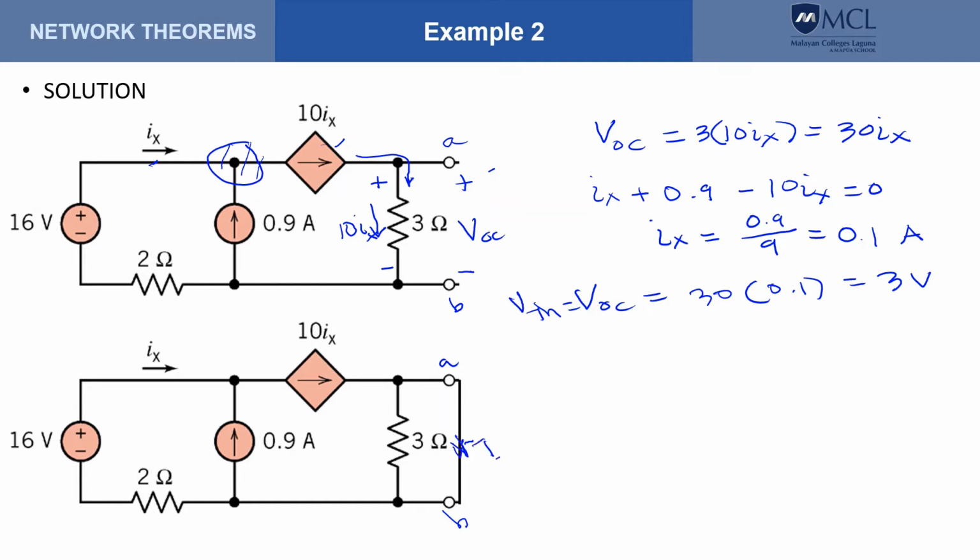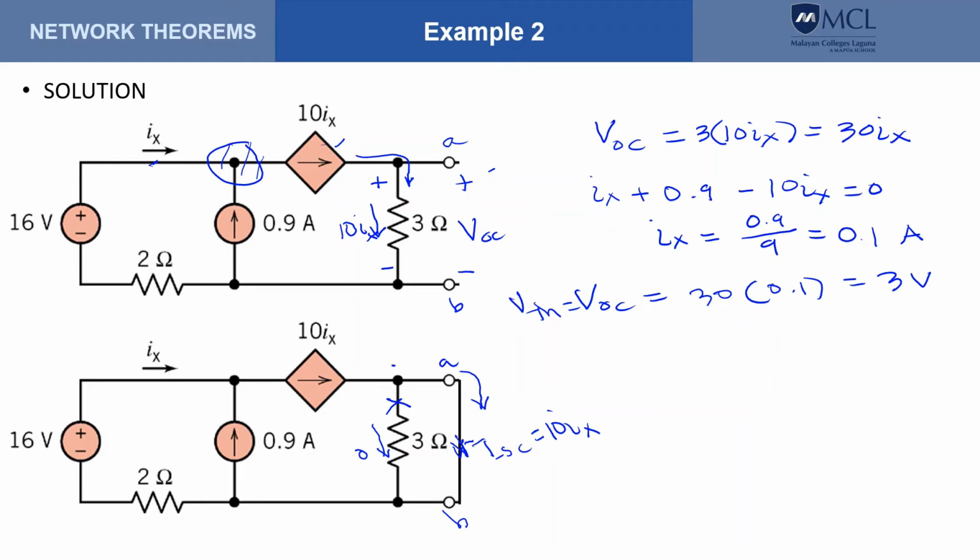So we call it I sub SC. Now, if we apply a short across AB, we can ignore the 3 ohms because the current that flows through here would be 0, or there is no voltage through that resistance. So we could ignore this in the circuit. So that means that the current that is flowing here would be equal to 10 I sub x.